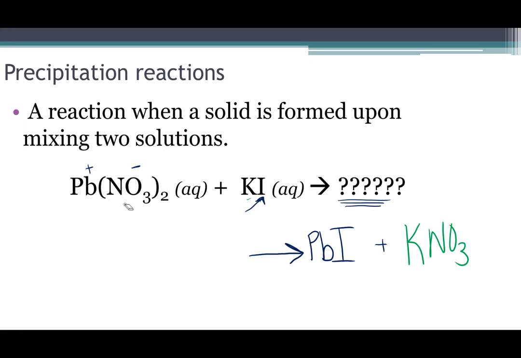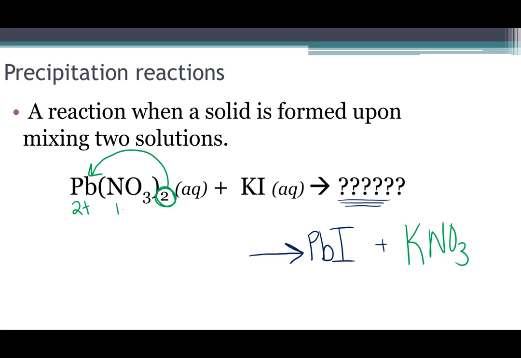Well, now that we've gotten the new ions onto the paper, now we need to make sure that they're electrically neutral, right? We can't just give them a new partner and leave them with a charge. That would be no good. Okay. So let's go back and think about this. This 2 right here tells me that the charge on lead must have been a 2 plus.